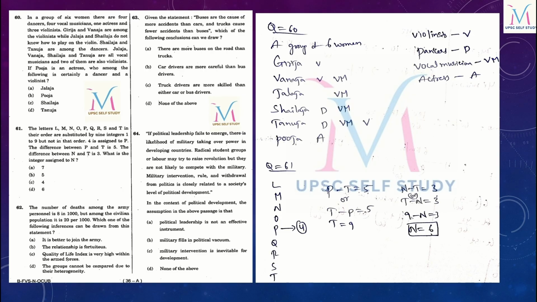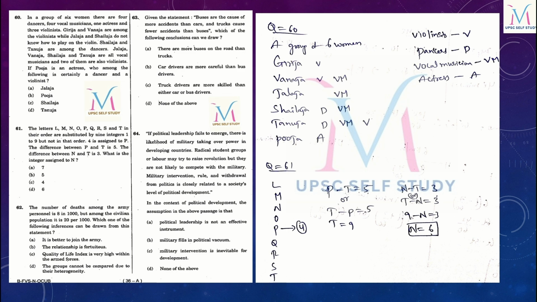For this assumption, B is correct, because the military fills in the political vacuum. Likelihood of the military taking over power means the military will be filling the political vacuum, right? If the political leadership fails, only the military comes for the authority. Then when the military is ruling, again the political leaders come together and start to rule.